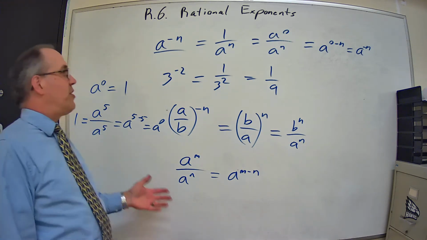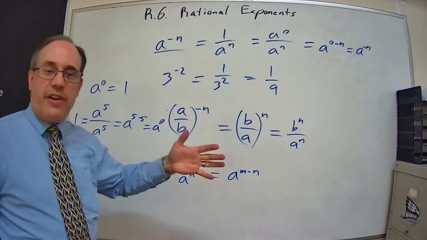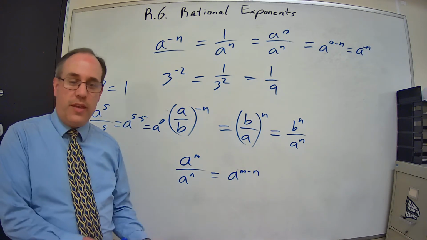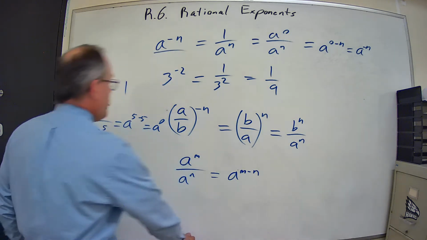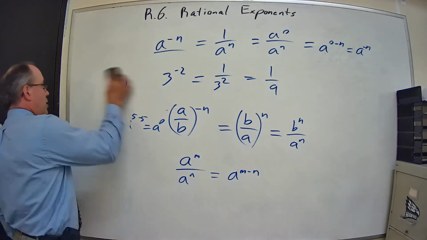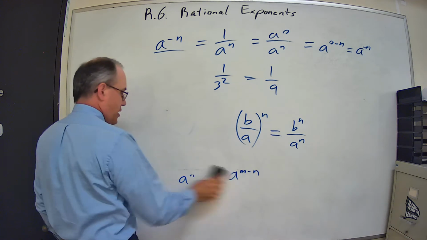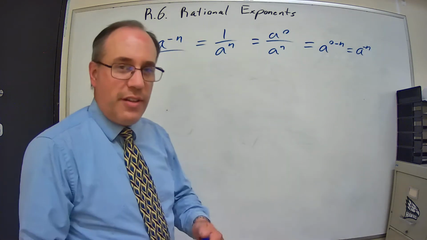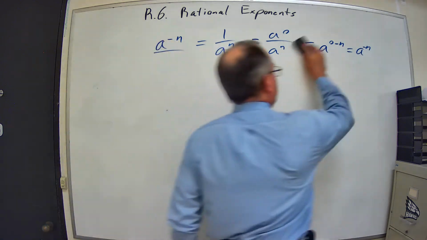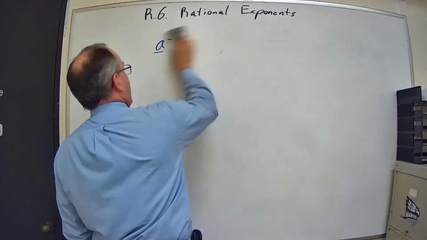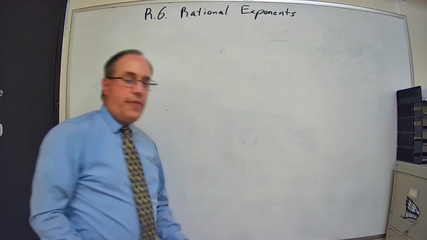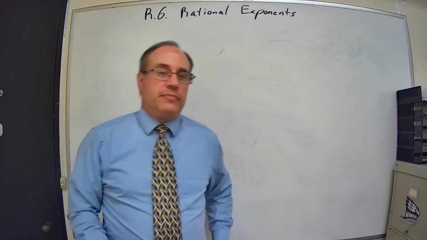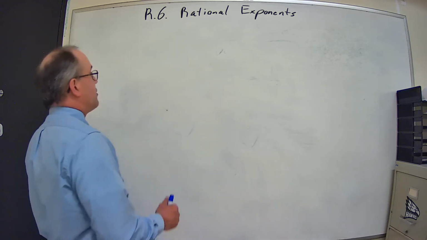So we start to see these things come together, and using one rule, we can verify another rule, which is really nice. Now, knowing about the quotient rule, negative exponents, and that we can take the reciprocal of a fraction with a negative exponent, that can help us in simplifying some of our rational expressions.